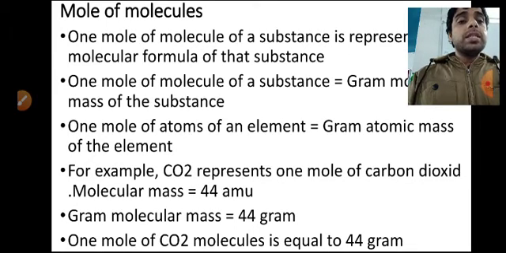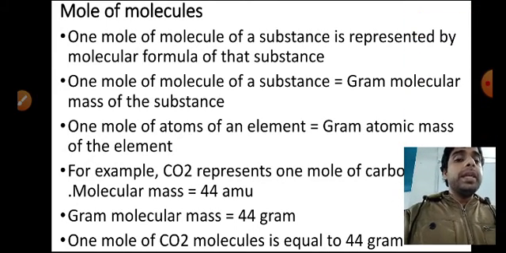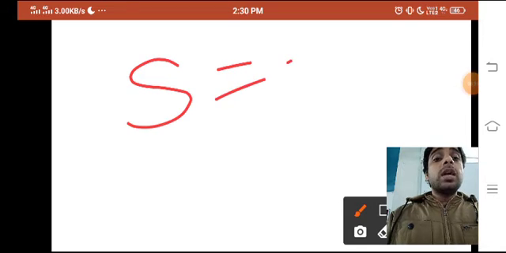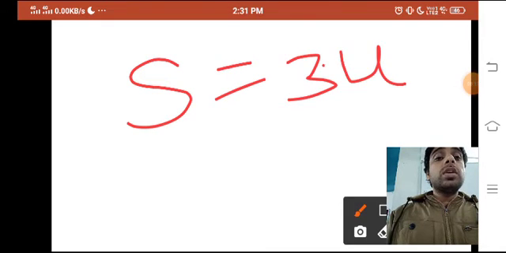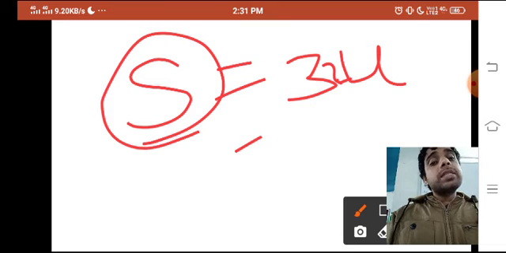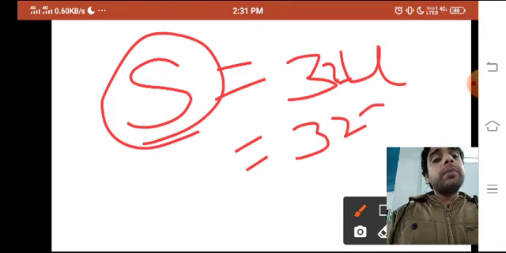Okay, now you can see mole of molecule. It is very simple. When I discussed mole of atom, suppose sulfur is 32 U, so its gram atomic mass is 32 gram.